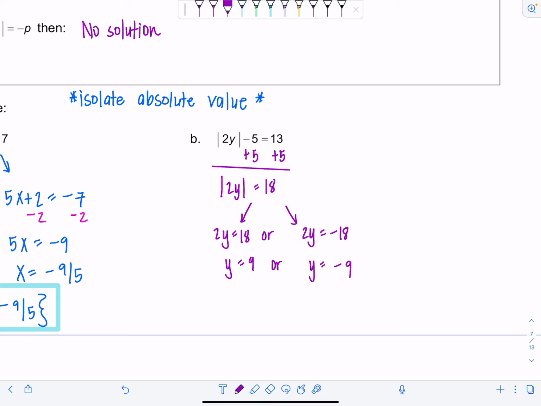And that's done. So we can go ahead and put them in the solution set. We have 9 and negative 9. Yes, if you like, you can put plus or minus 9. Okay, good, good. Nice, there we go.